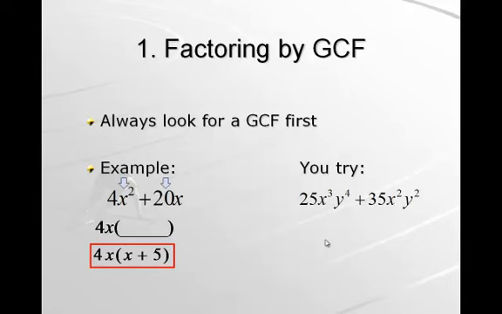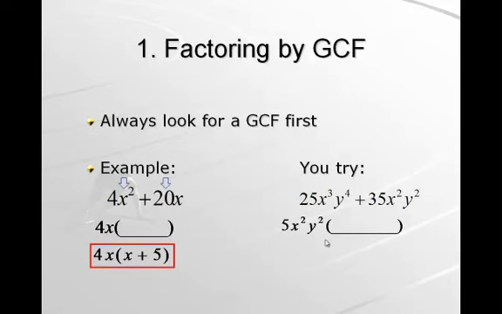Now to figure out how many you have in common, look at the lowest number of x's you have and the lowest number of y's that you have. The lowest number of x's that I have is 2. That's my lowest exponent. The lowest number of y's that I have is 2. That's my lowest exponent. So x squared and y squared will be part of that greatest common factor with the 5, and all of that will go out in front of the parentheses.